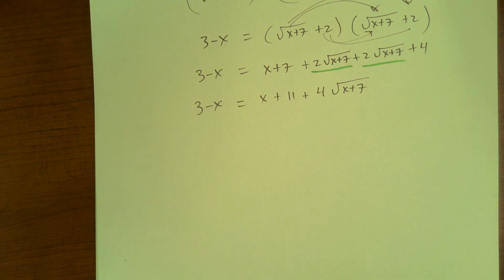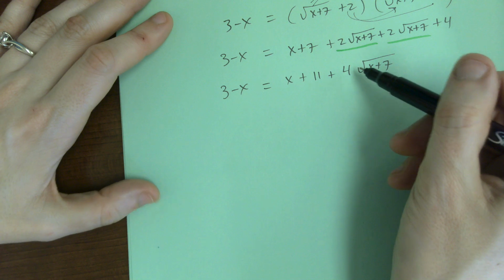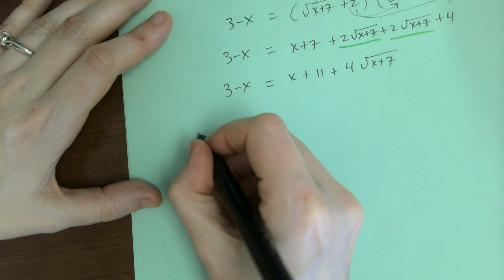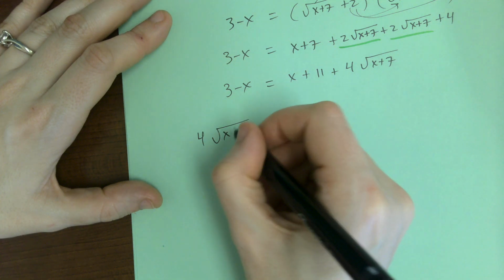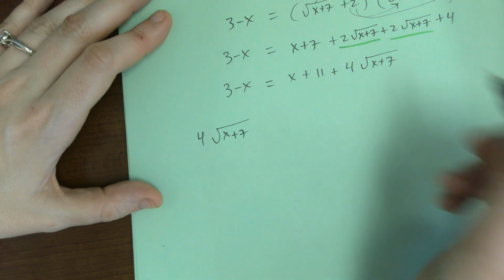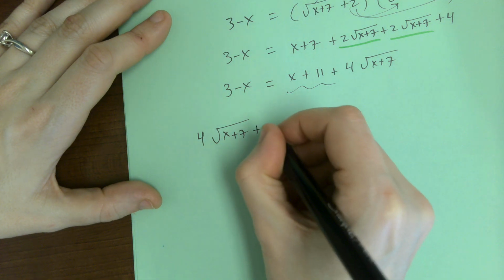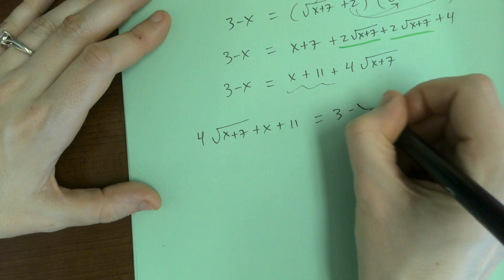Okay. Alrighty, guys. Now I'm going to switch the sides real quick because I want to isolate that radical now. All right, so I am not like moving things around. I'm just switching the sides, and I'll put those after. So I'm just switching sides and moving terms a little.